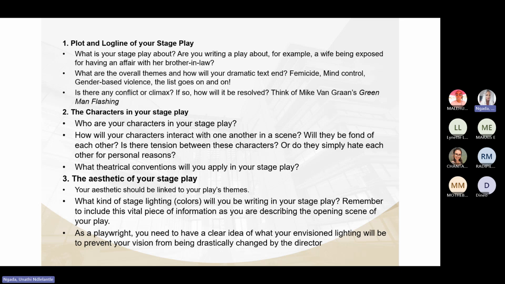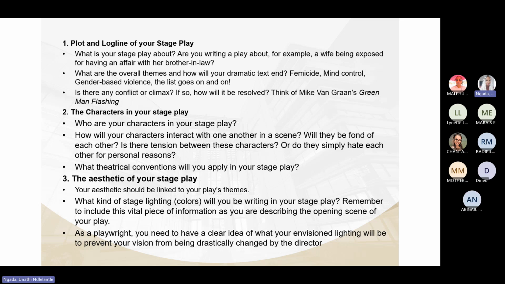Would it be something that is quite neutral, or something that is quite light, not melancholic, and so forth? So here, as a playwright, you have to have a very clear idea of what your lighting will be to prevent your vision, in essence, being drastically changed by the director.